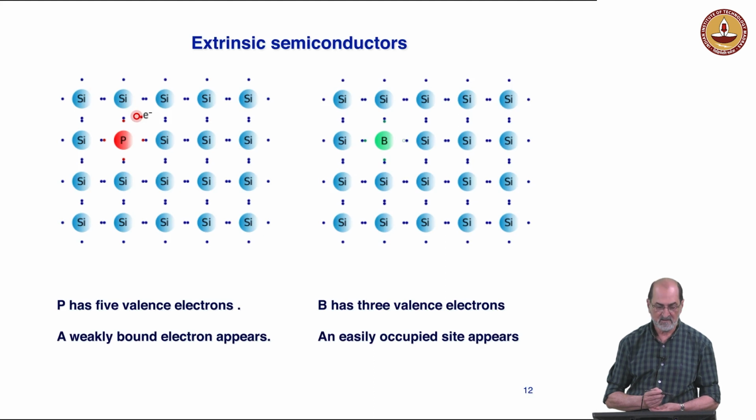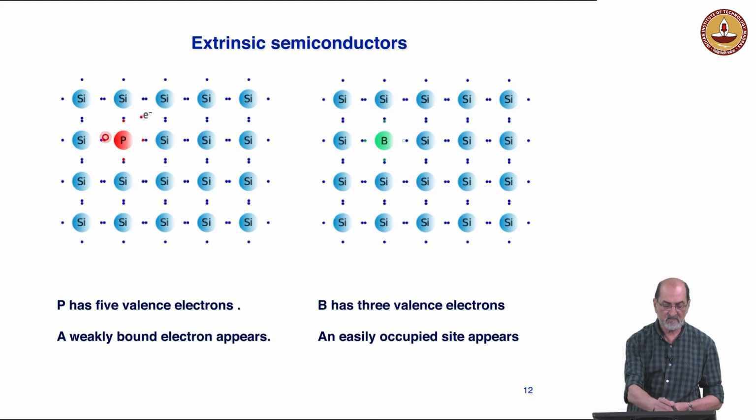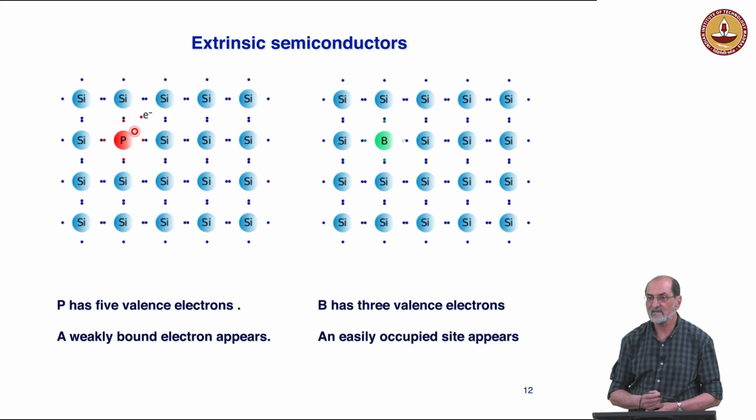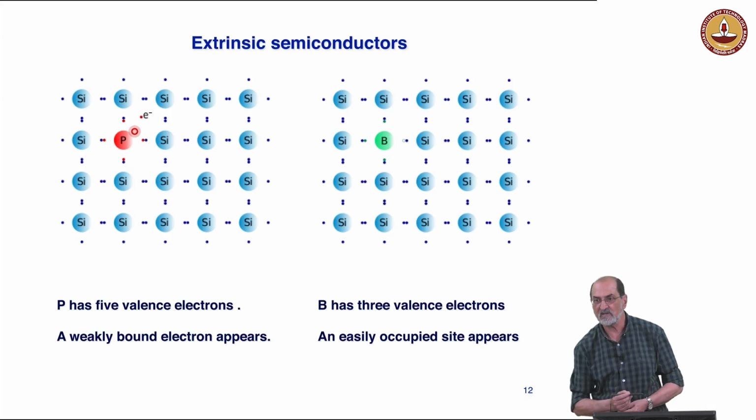Because of that, the first level, corresponding to a hydrogen atom with those characteristics, the energy is very small. And since it's very small, very easily at room temperature, this electron leaves its parent atom, goes to the conduction band, and becomes a free electron in the conduction band.